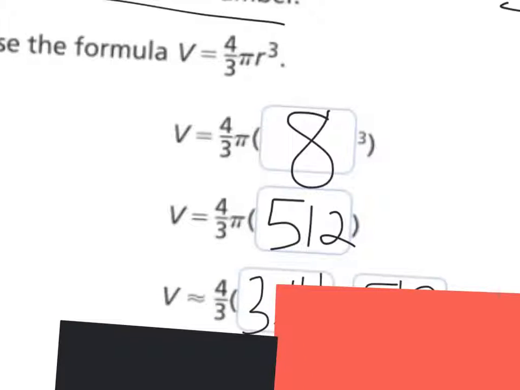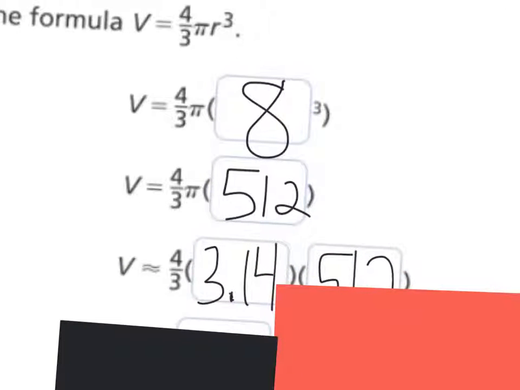We cube that, it is 512. And then they told us to use 3.14 for pi. You could have substituted that in earlier into the problem. So we multiply that out.